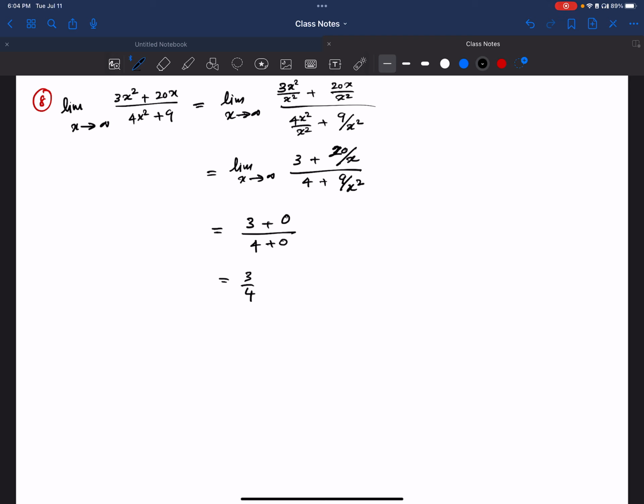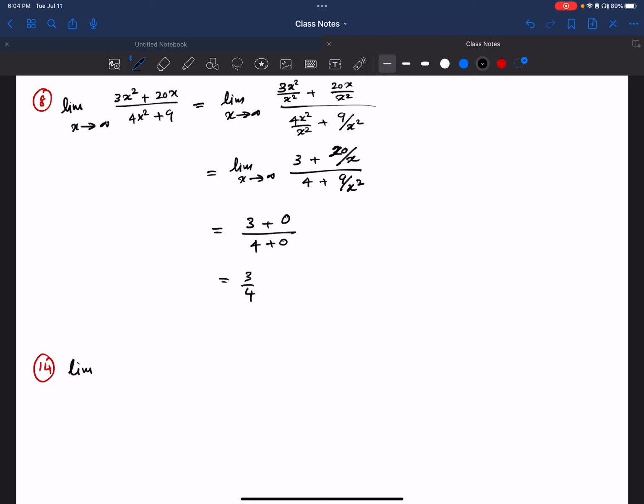Okay, so that's how you do those problems. Let's take another example. What is our next example? Our next example would be number 14 of the textbook. This is the problem.